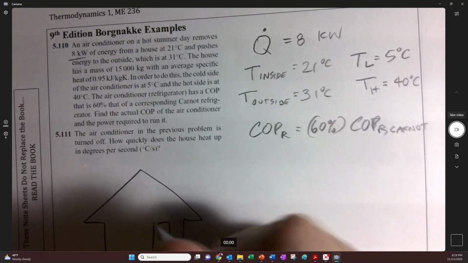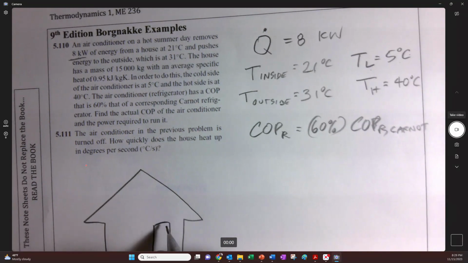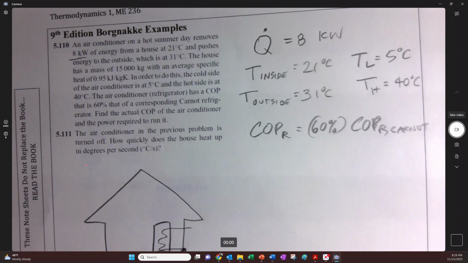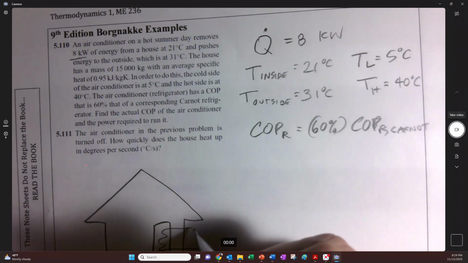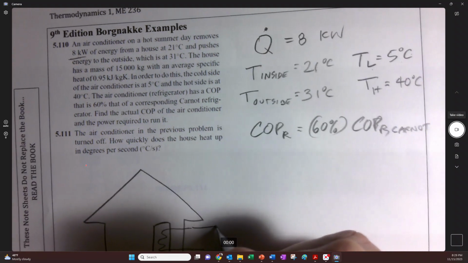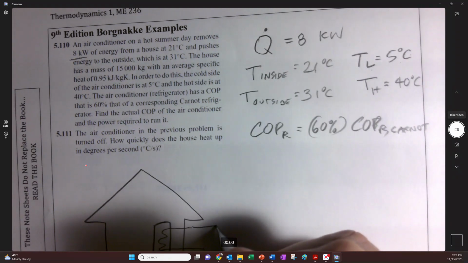And here is the, I was going to get the names confused, but I think we're going to call that the evaporator. And down over here is the condenser. Is that true? Yeah, I think so.